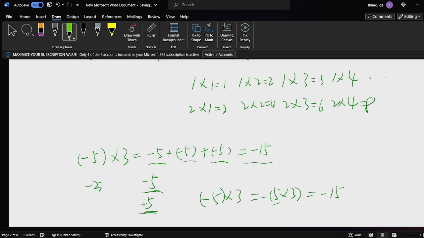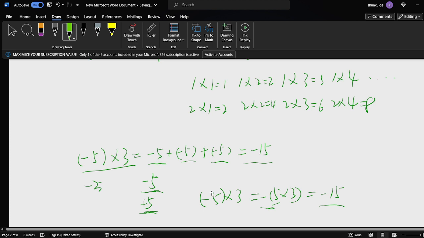One day you spend $5, total 3 days you spend $15. But finally, don't forget the negative here, because you use the credit card. This is your debt. In the future, you should pay the credit company. This is for a negative number times a positive number.